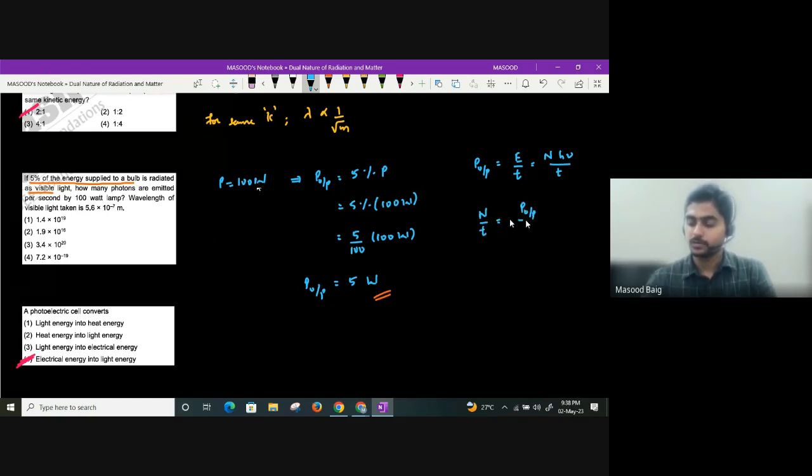Output power divided by h nu. Now what is given to us? Lambda is given. So I can write it as output power, and nu can be written as hc by lambda. So this will be the value, guys. How much is output power? 5. What is the wavelength here? If you multiply by 100 and divide by 100, you will get it as 5600 angstrom. And how can I take the hc value? I can take it as 12,400, if you want to write it in electron volt angstrom. Okay. So what will this be?